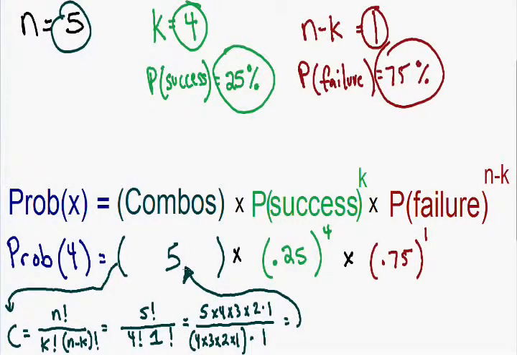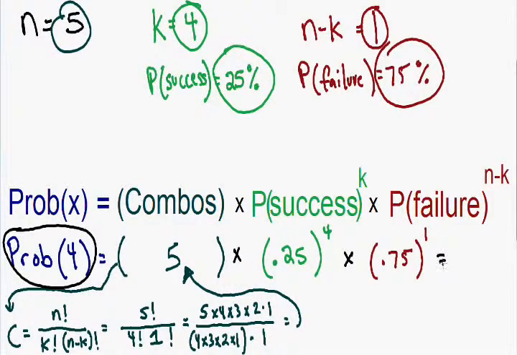So going back to our original problem, we're finding the probability that a student got exactly 4 questions correct. So the probability that a student got 4 questions correct is equal to 5 multiplied by 0.25 with the 4 exponent, all multiplied by 0.75 with the 1 exponent.